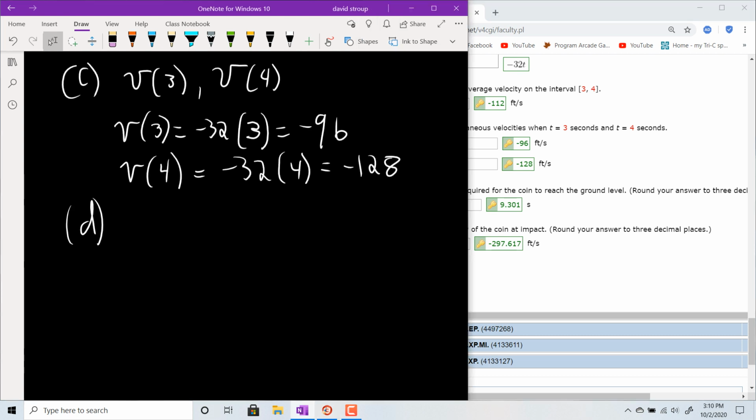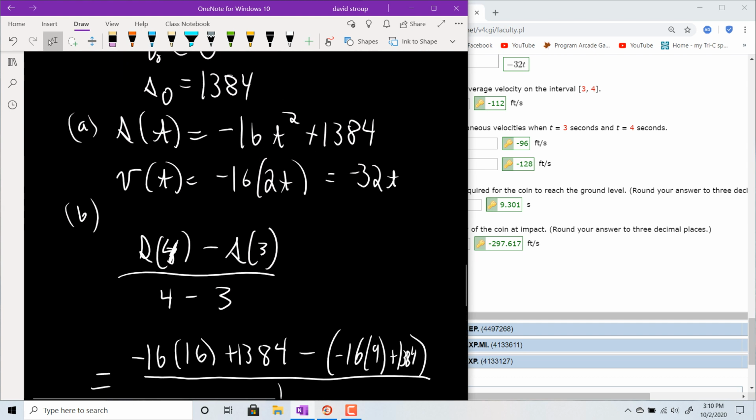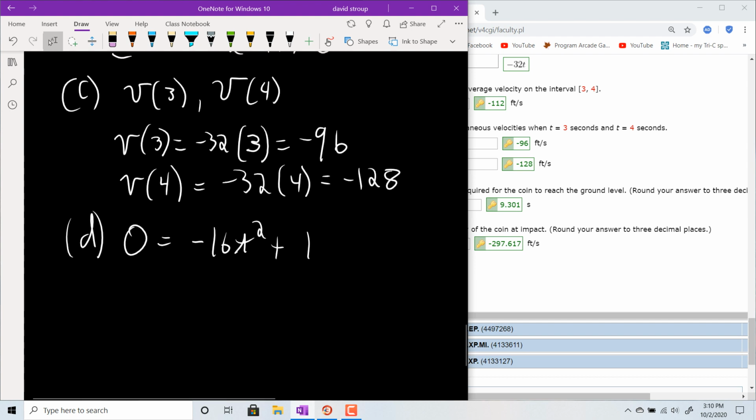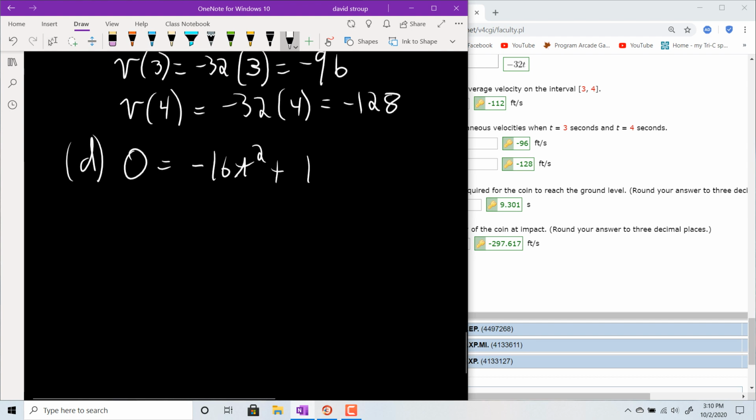Find the time required for the coin to hit the ground. We want to know the time when the position is 0. So in the position function, put 0 in for s, and then solve for t. We'll have 0 equals negative 16t squared plus 1384. Solve for t. Divide both sides by 16, which is 86.5.